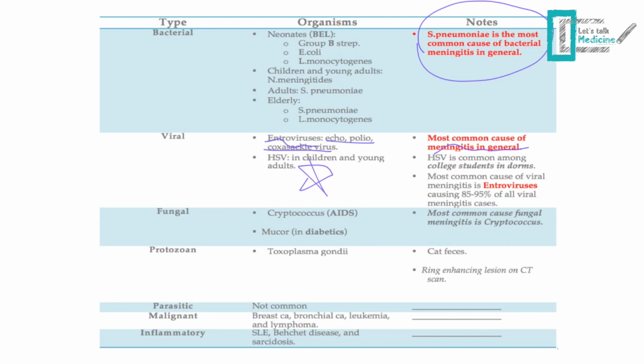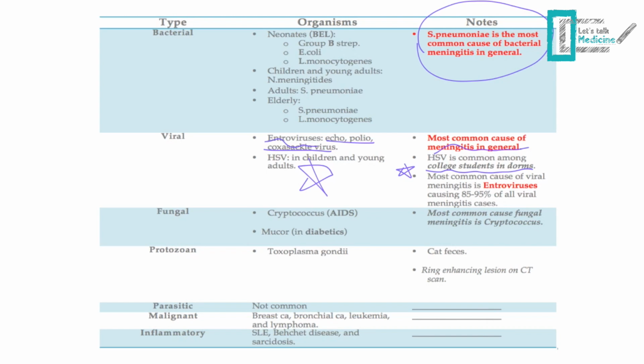So you have to differentiate between them, and we will come upon this in the management plan. Another thing about herpes simplex virus is that it's very common in close contact areas or populations. That's why it's common among college students in dorms, and this can be a hint in the question. So as we said, the most common cause of meningitis is viral meningitis, and the most common organism causing it is the enteroviruses.